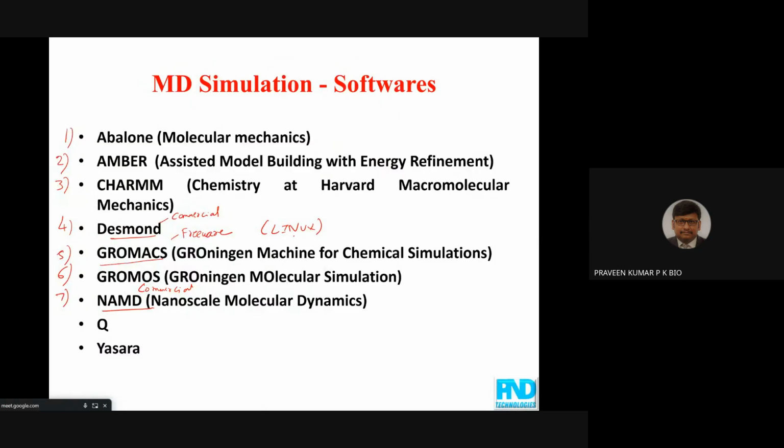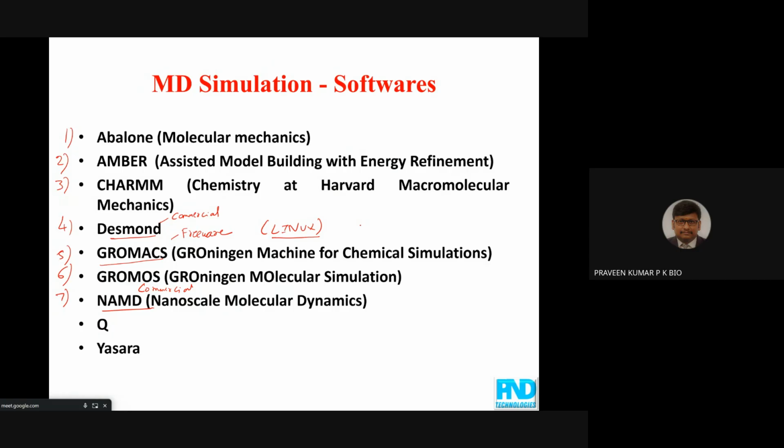So one, we should have knowledge of Linux commands. The second thing is we should have a dedicated workstation. We can't even work with i9 laptops. The laptops are not used for simulation. The laptops can be used for simulation analysis.